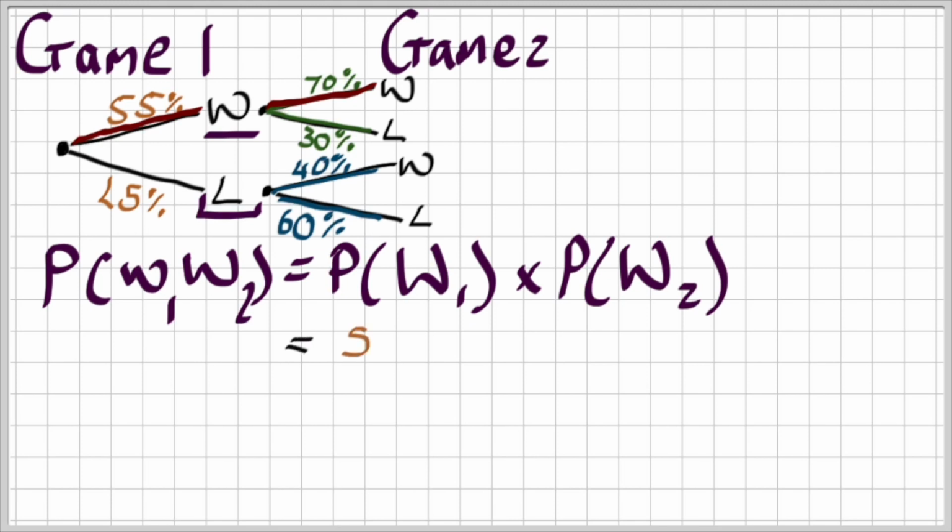What is the probability of winning the first one? Well, that's 55%. What is the probability of winning the second one? That's then 70%, which means there's a 0.385 probability of her winning both of the matches.